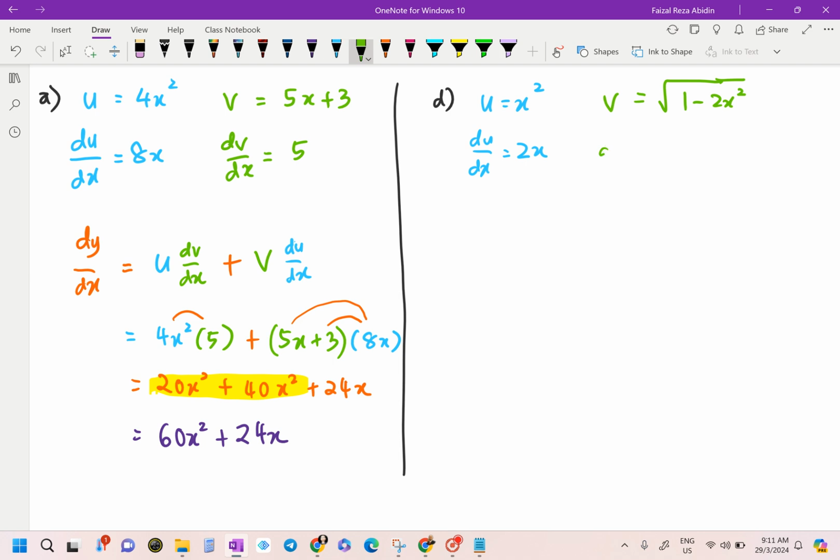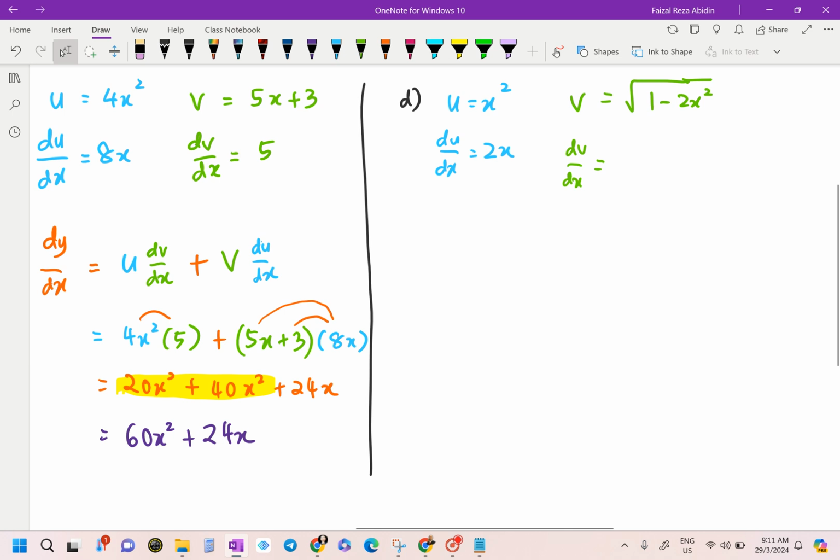So for our dv over dx over here, what are we going to get? If you look over here, the square root, we are going to get 1 over 2. If I bring it to the front, I'm going to get 1 over 2 first, and then inside the bracket there is going to be only negative 2.